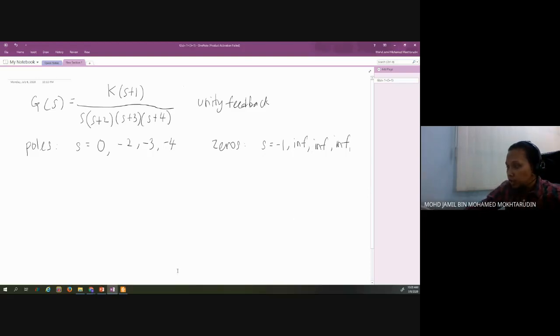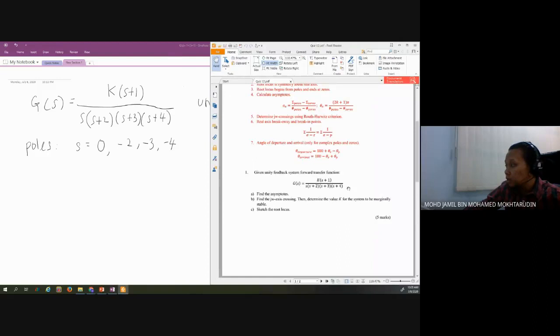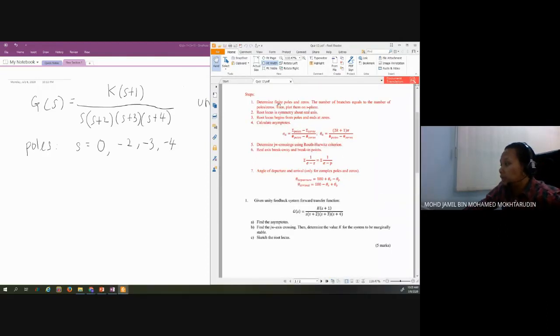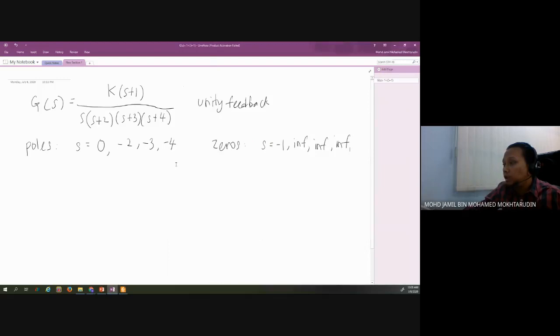Okay, if you look at the rules, the first rule said determine finite poles and zeros. So I have determined the poles and zeros. And then the number of branches equals the number of poles or zeros. So here you have 4 poles and 1 finite zero.